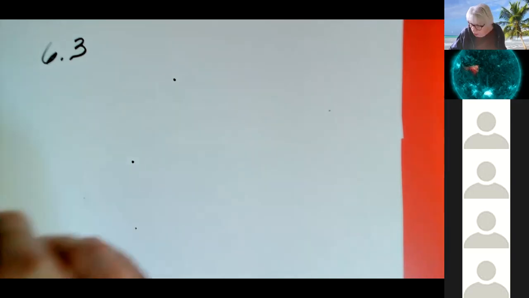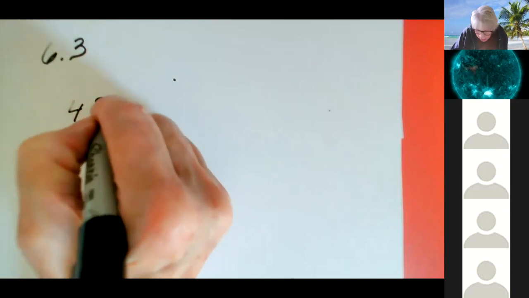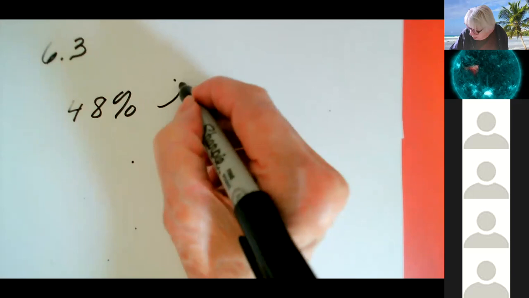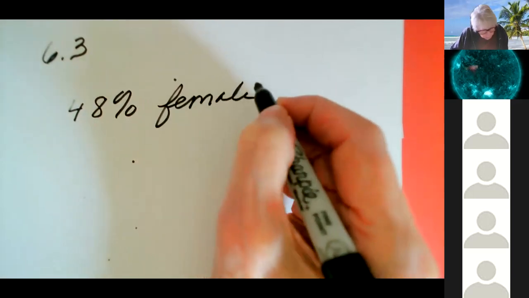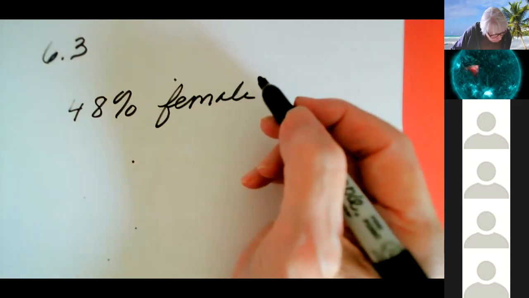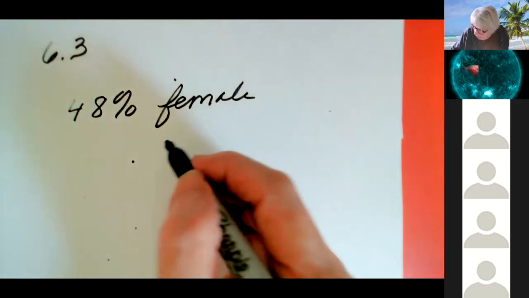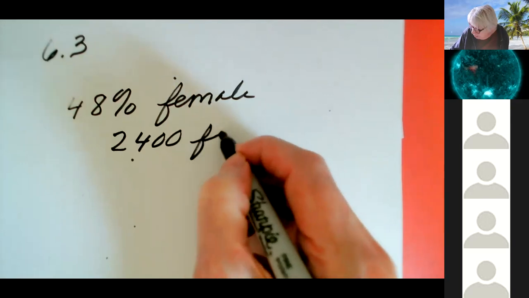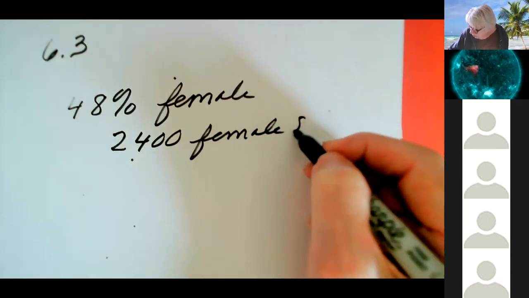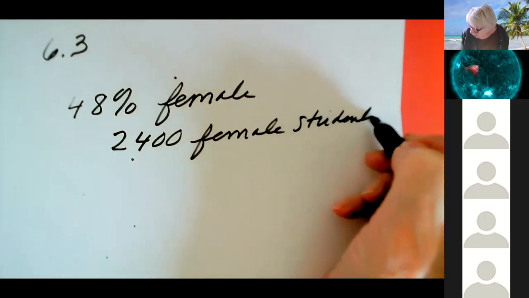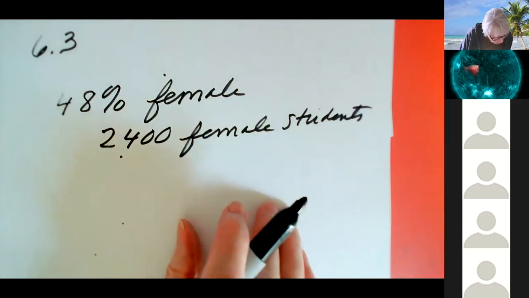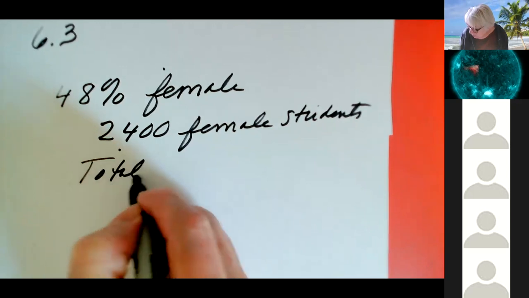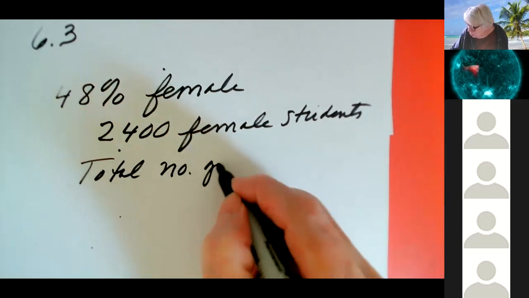Okay, here's one. If 48% of the students at a certain college are female, and there are 2,400 female students, what is the total number of students?